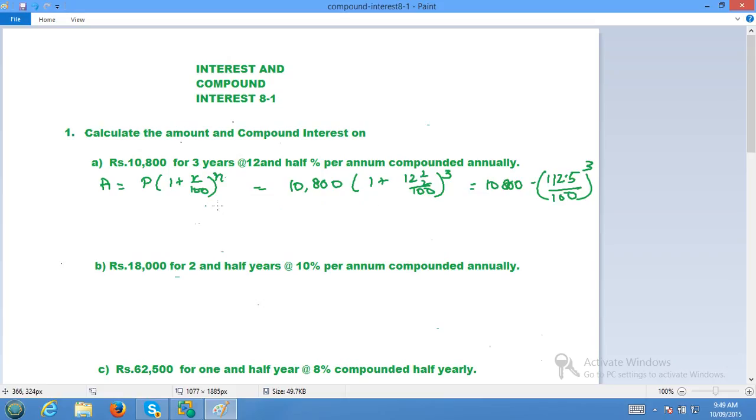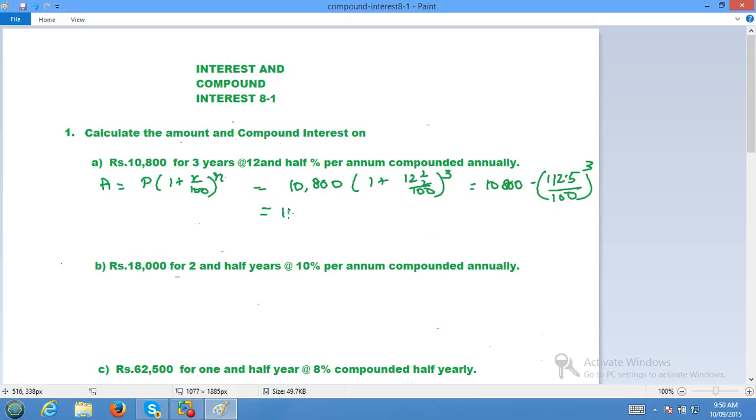If we use a calculator, we get the total amount including the principal of 10,800. Then from the total amount, if we subtract the principal, we get the compound interest. See how we can do it.